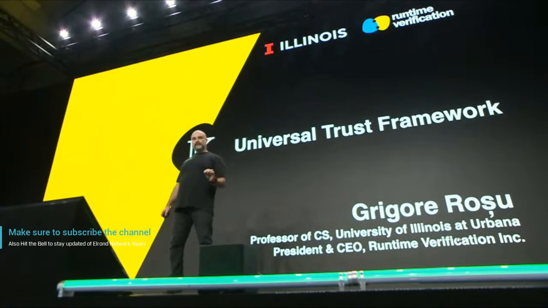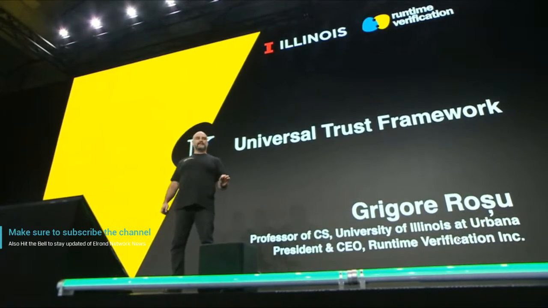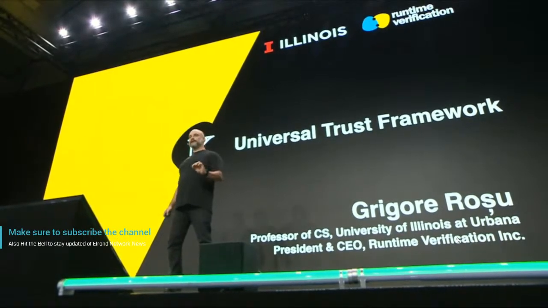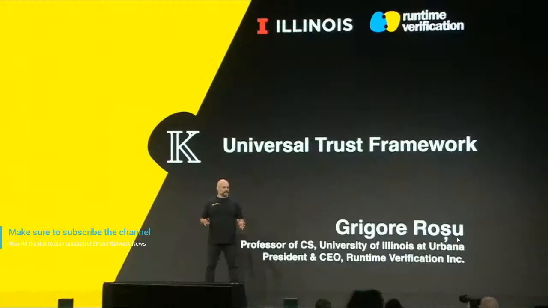But I would say that if you think of us as the best formal verification security auditor, you're not thinking big enough. So I hope by the end of this talk, I'll convince you that what we develop is a lot more than just an infrastructure and a framework for security auditing. We develop a technology that can transform the way we think about computing and we think about programs.